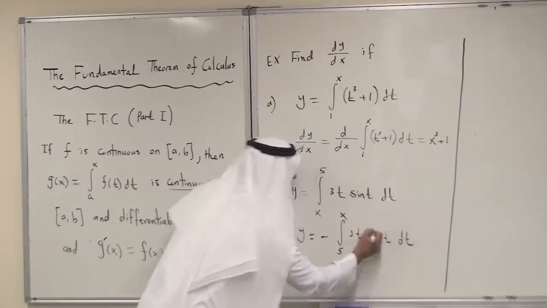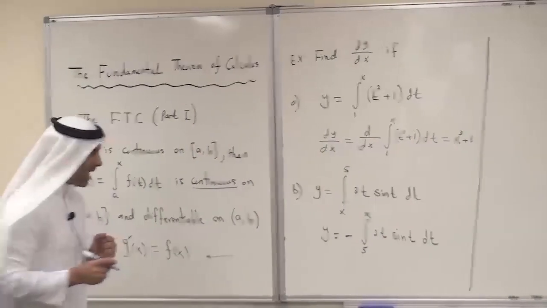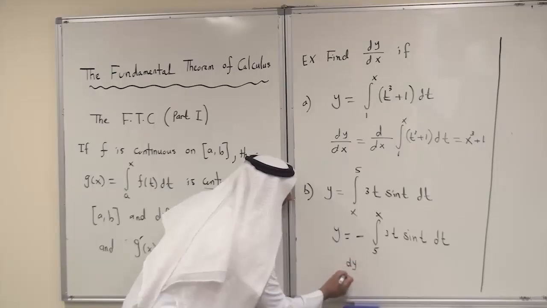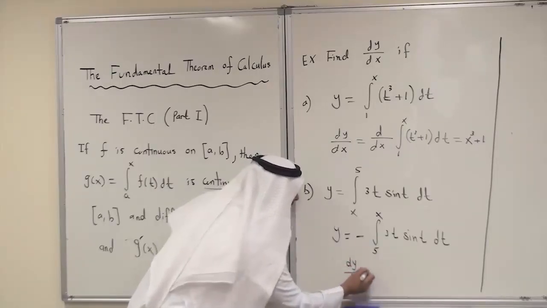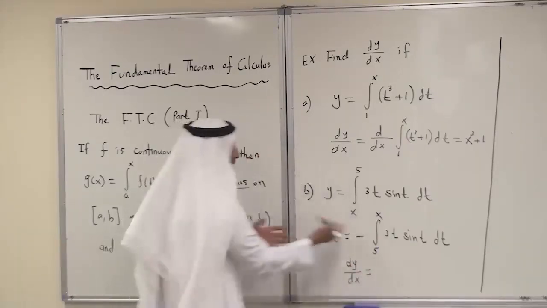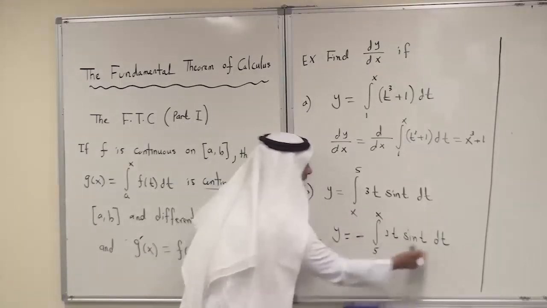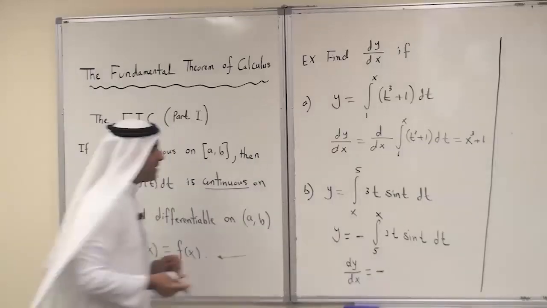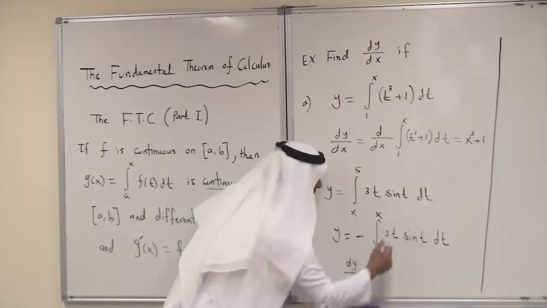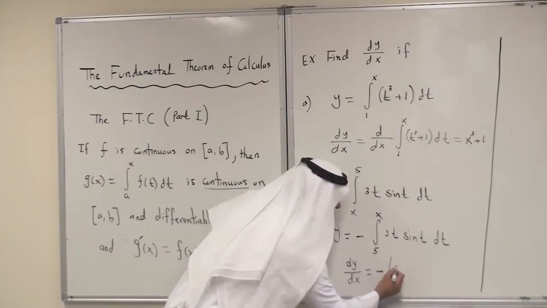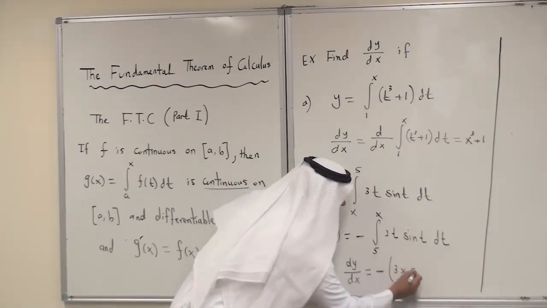Now we have it in the form of the fundamental theorem of calculus. So what is the derivative here? y prime, what is dy by dx? In other words, this is equal to, of course, the minus is a constant, so we can take it out and then differentiate this. So what is the derivative of this function now? It is minus times 3x sine x.